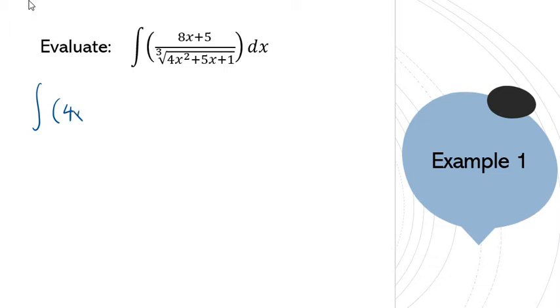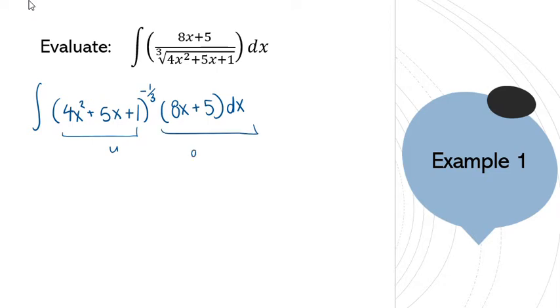Let's do (4x squared plus 5x plus 1) to the power of negative 1 over 3, reflecting both the radical and the negative, the fact that it's in the denominator. And then I'm just going to write the 8x plus 5 after it. And that's my goal. I want to make this u, I want to try and get this equal to du. Sometimes it happens right away, sometimes it doesn't.